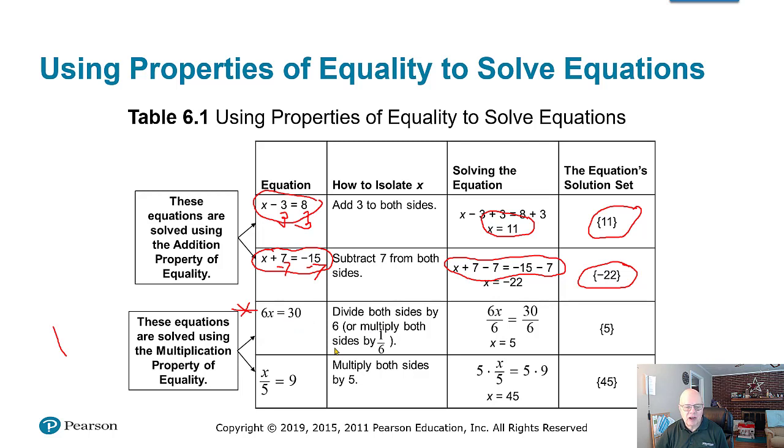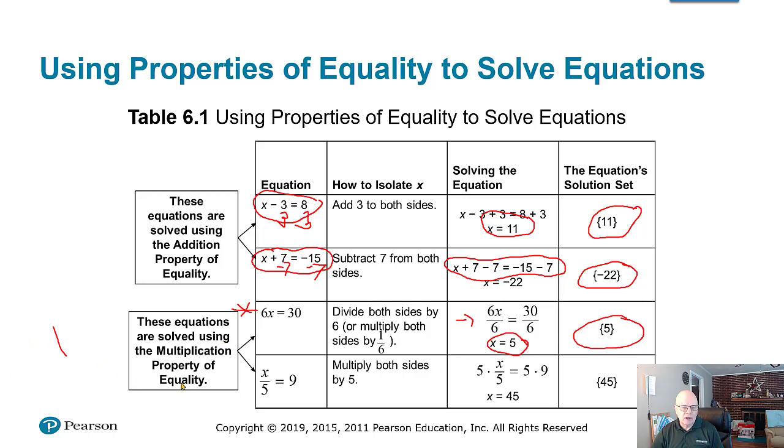Well, divide both sides by 6, or you can multiply both sides by 1/6 to the same operation as far as results. So here's what you actually do, and there's what you get. 5 is the only one we end up with, so this becomes our solution set. All of the solutions are listed inside the braces.